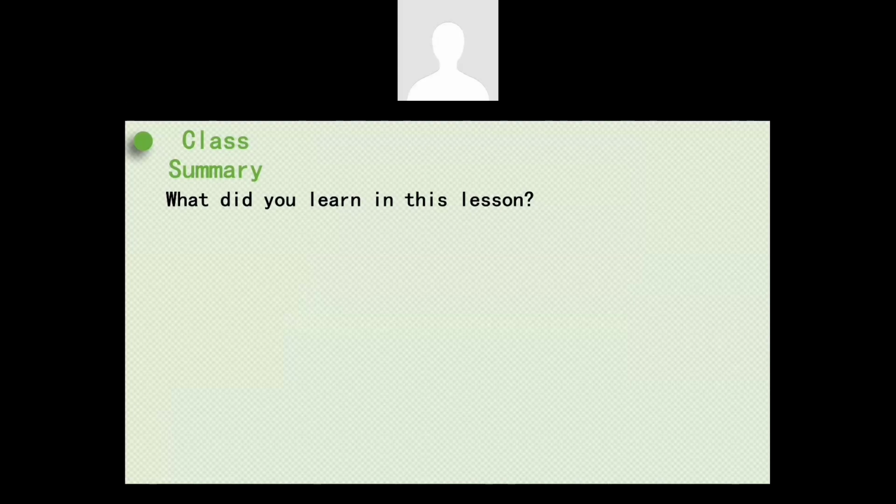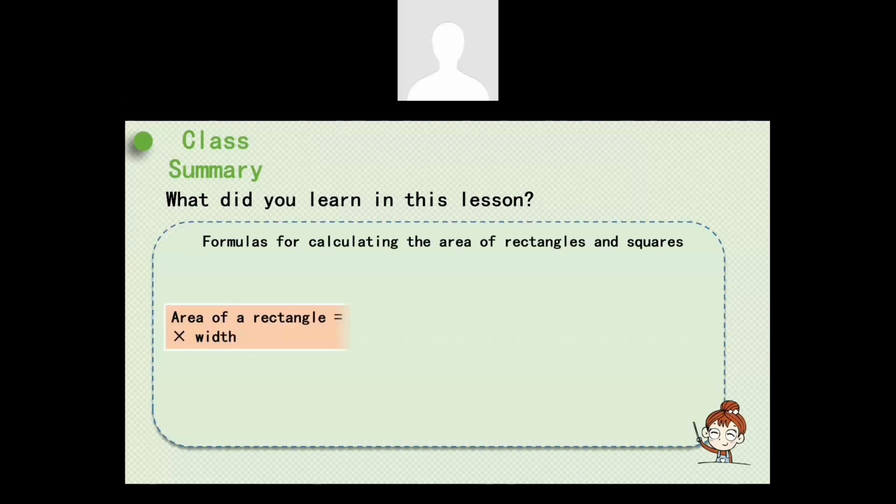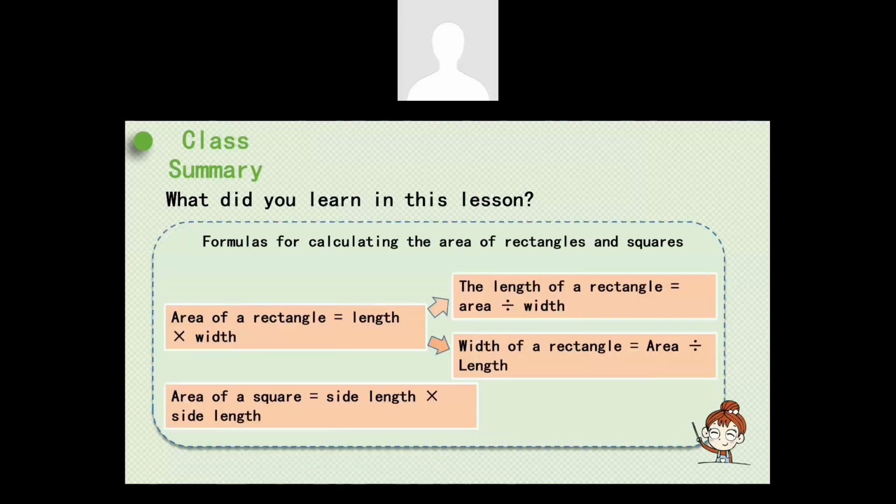Okay, last one, exit ticket. Please type two short things in the chat: the two area formulas we learned today, and the mistakes to avoid.